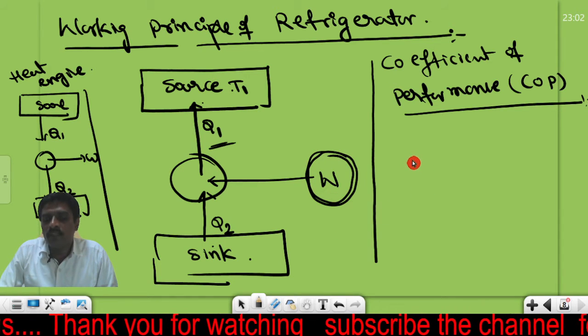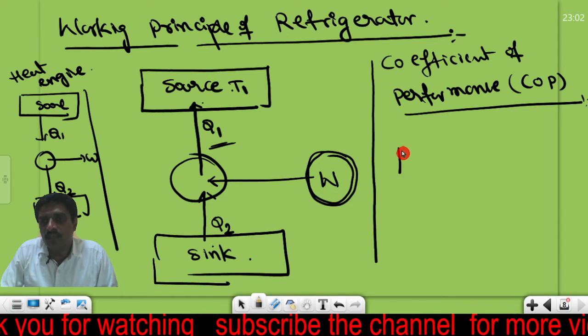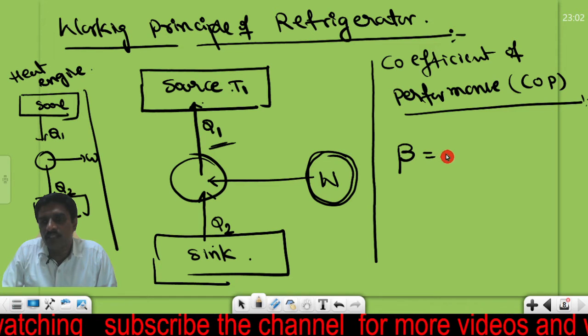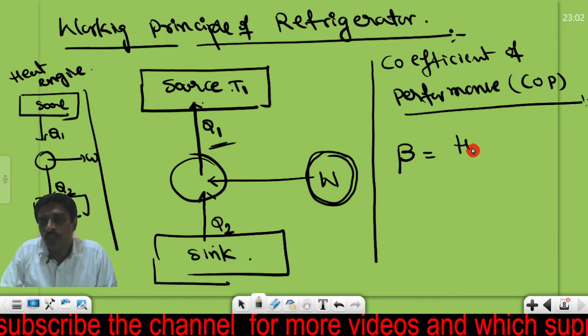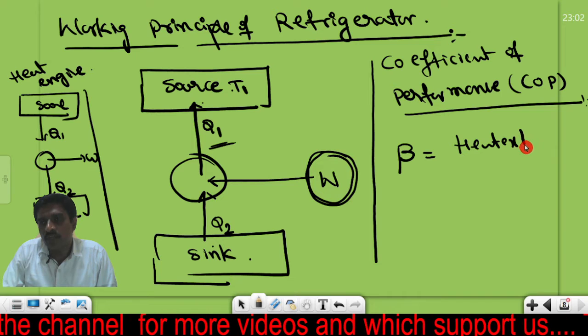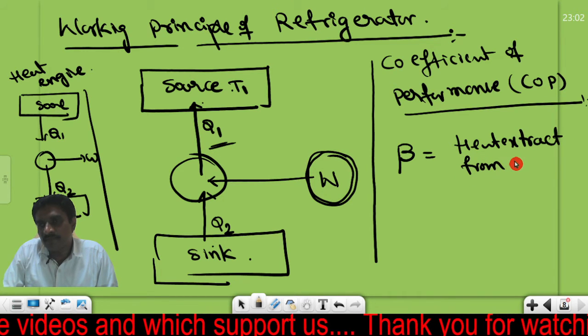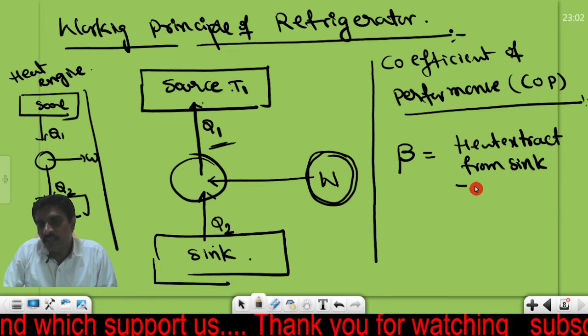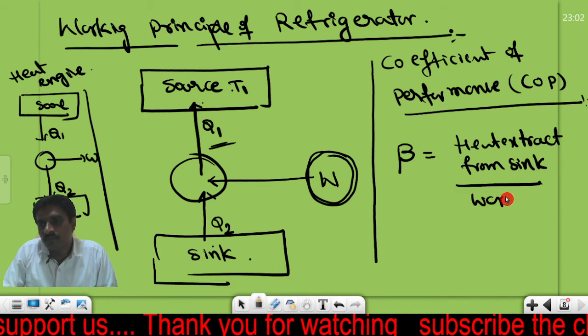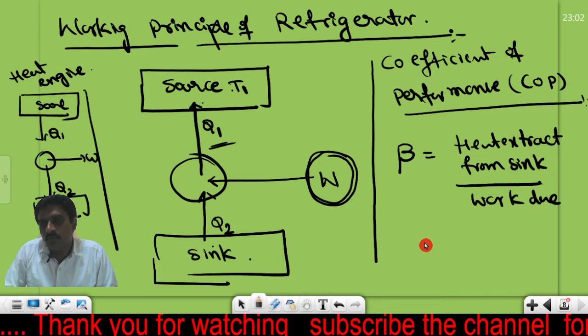The formula for the coefficient of performance, denoted by beta, is equal to heat extracted from the sink divided by work done.